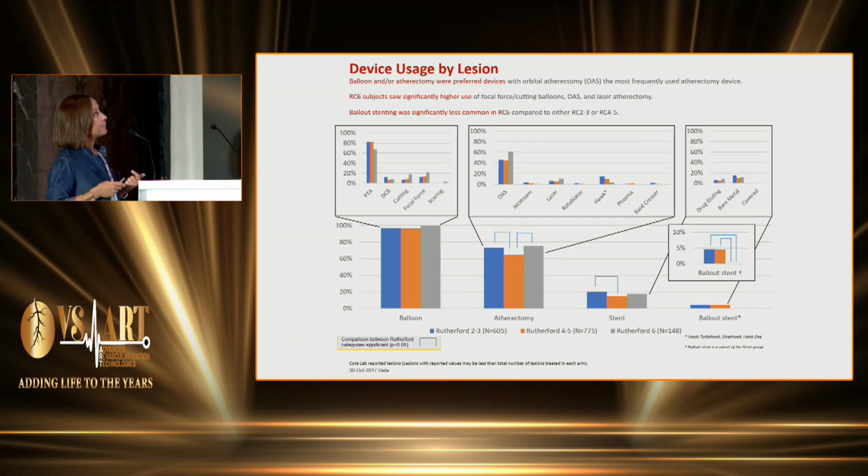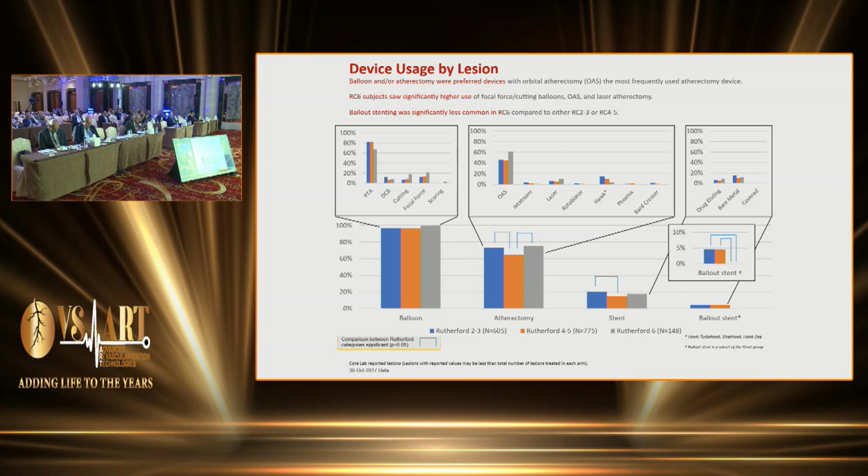In Rutherford 6 patients, most probably because the lesions are located very distally and we cannot reach them with a bigger device, we use instruments delivering a local force, or the scoring balloon. Bailout stenting was significantly less in the Rutherford 6 group when compared to 2 and 3 and 4 and 5.